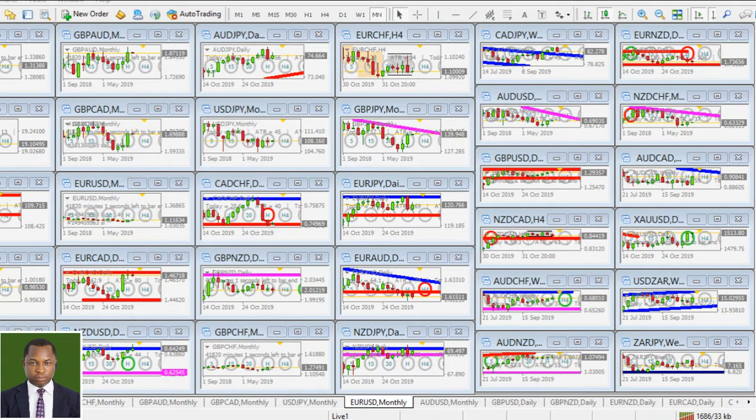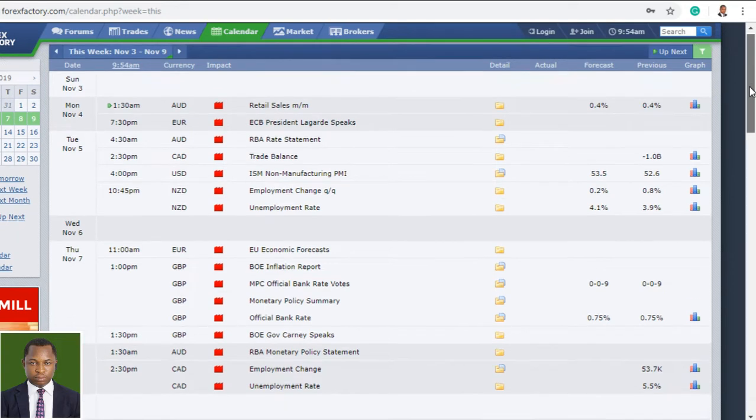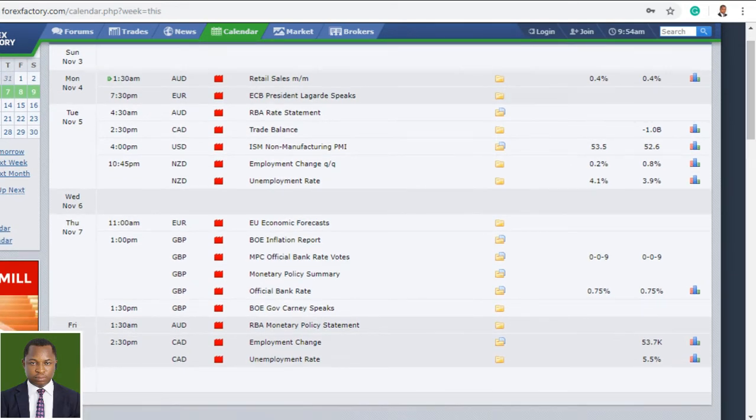Okay. All right, now let's look into the Forex Factory to see those high impact news announcements that we are expecting for this upcoming trading week. We have quite some high impact news announcement. You want to pay special attention to the unemployment or employment data, the interest rate announcement. This is for the sterling pounds.